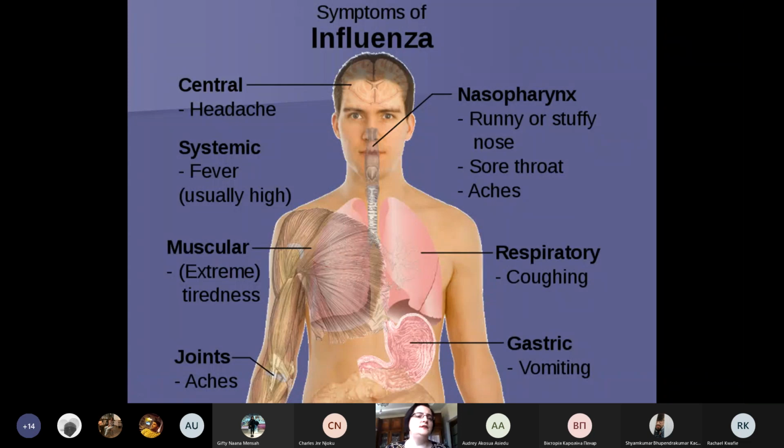Clinical features. The incubation period for influenza virus is short, averaging about 2 days, with a range from 1 to 4 days. Classic influenza is distinguished by abrupt onset of prominent systemic symptoms, including fever, chills, headache, myalgia, malaise, and anorexia.